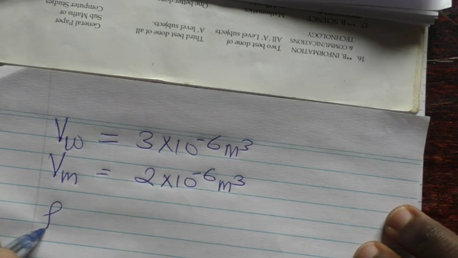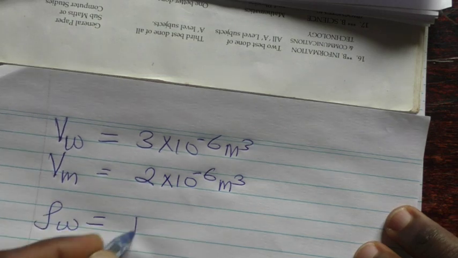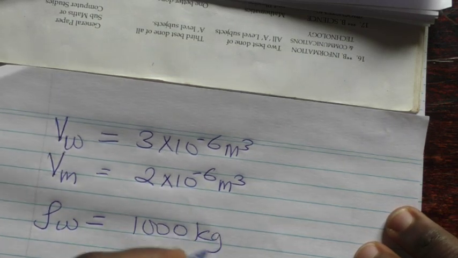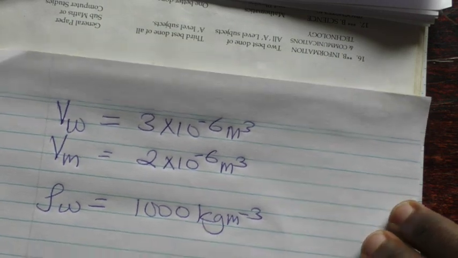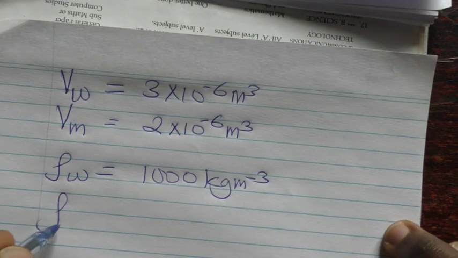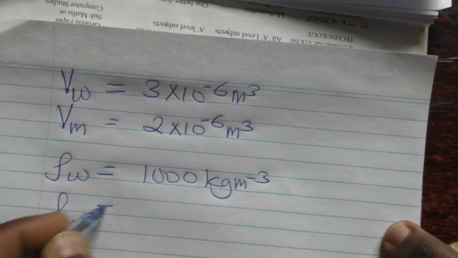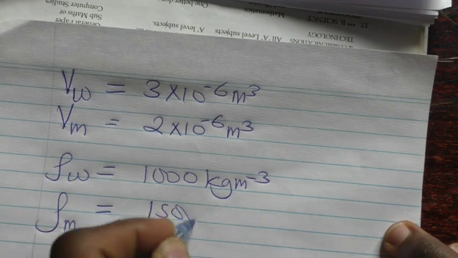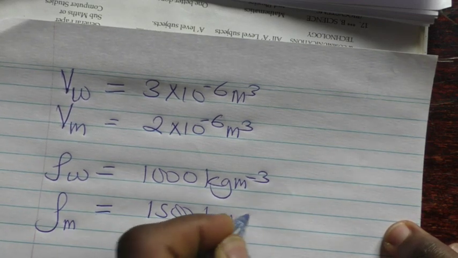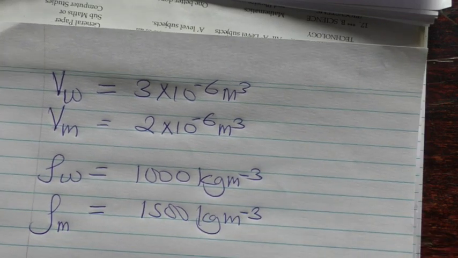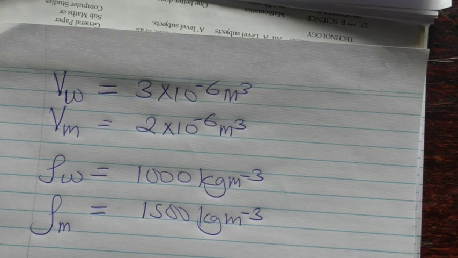The density of water is 1,000 kilograms per meter cubed, whereas that of milk is given in the question as 1,500 kilograms per meter cubed. So I have volumes and corresponding densities. The question is asking for the density of the mixture.